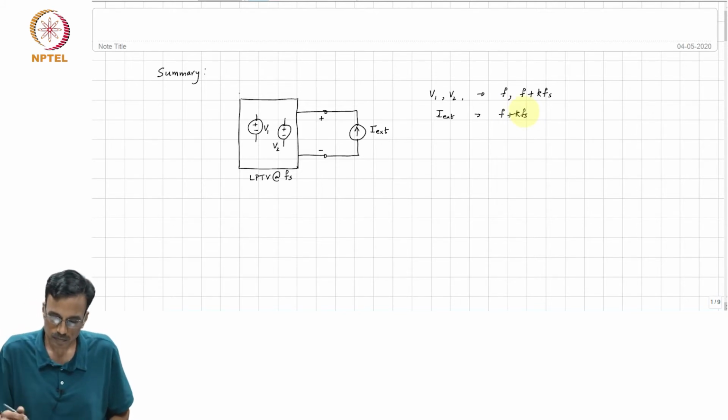and the voltage across these terminals VAB, right.